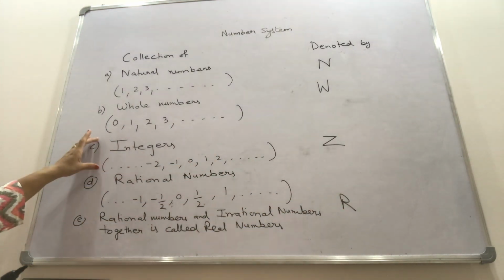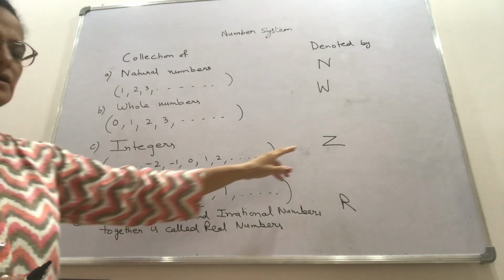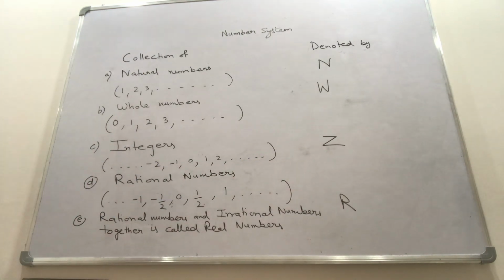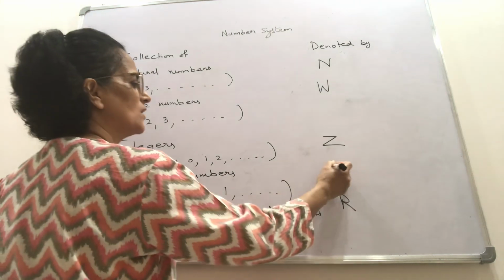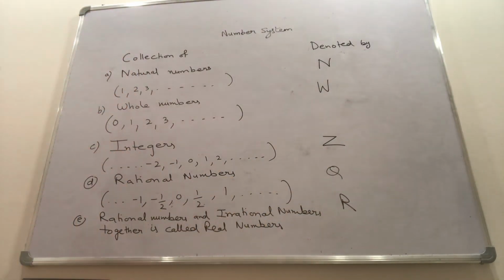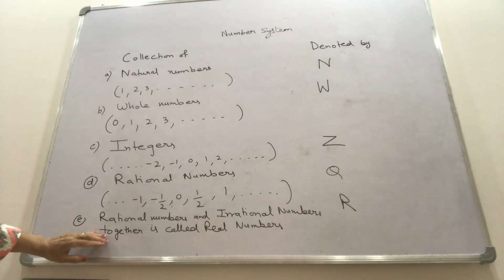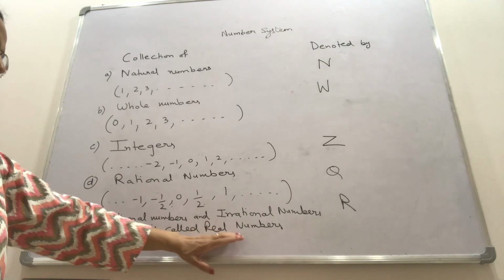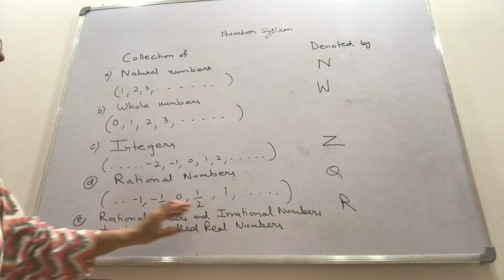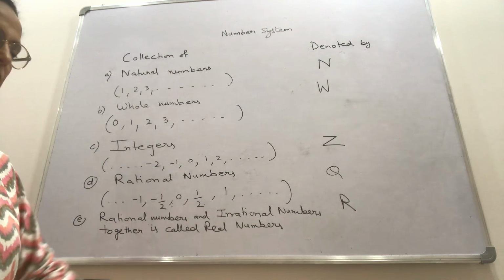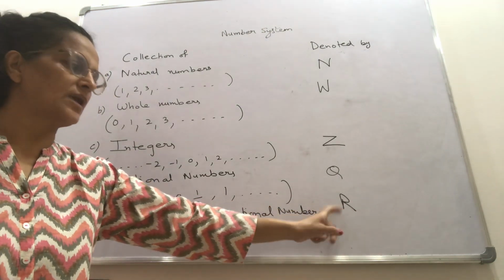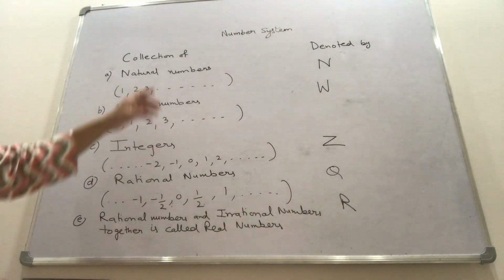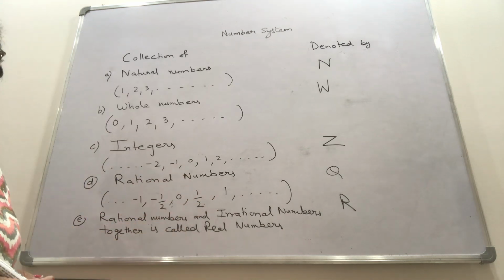These integers are denoted by Z, and your rational numbers are denoted by Q. And real numbers is the collection of rational numbers and irrational numbers, and we use capital R to denote the collection of these numbers. एक बार रिपीट करेंगे.